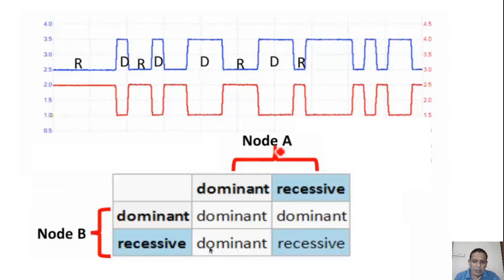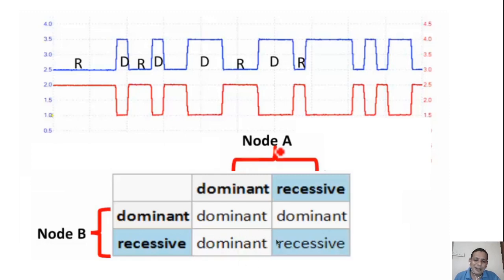And at another instant, suppose A is sending dominant and B is sending recessive. So here it will be again dominant, that is 0 into 1 is always 0.